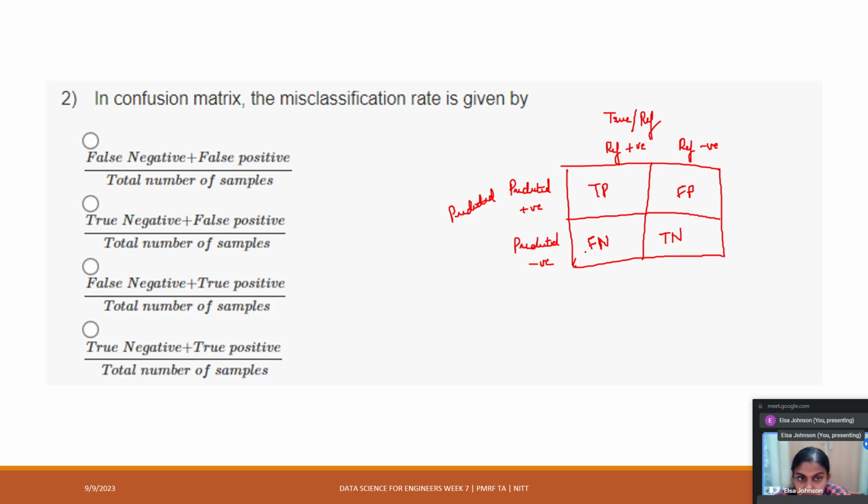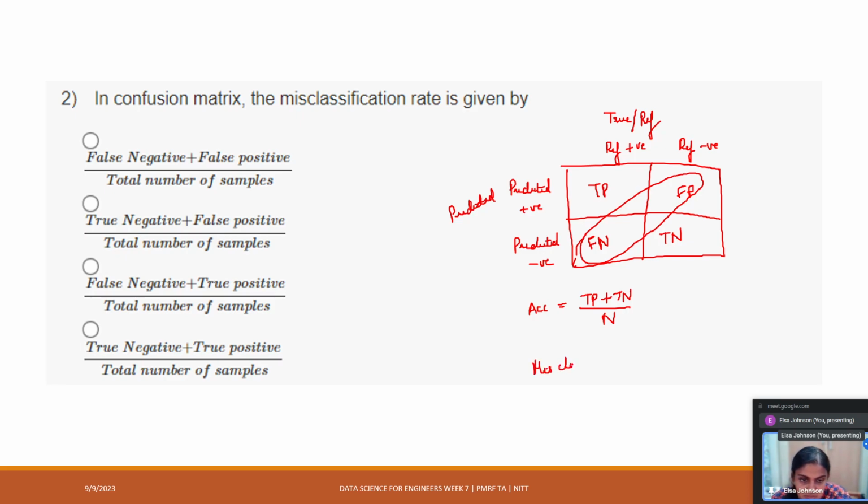The right classification is along the principal diagonal, true positive and true negative, and that is taken by the accuracy. Accuracy means true positive plus true negative by the total number N. N includes TP plus FP plus FN plus TN.